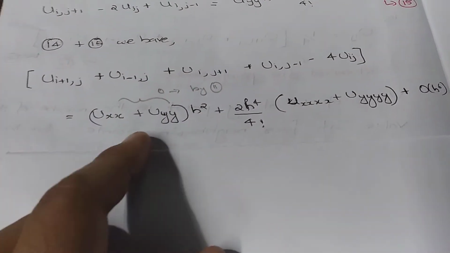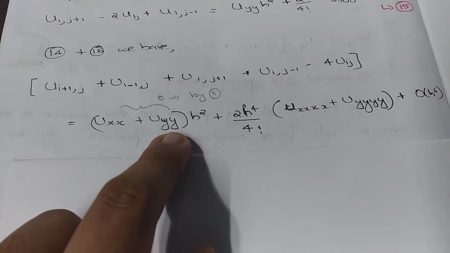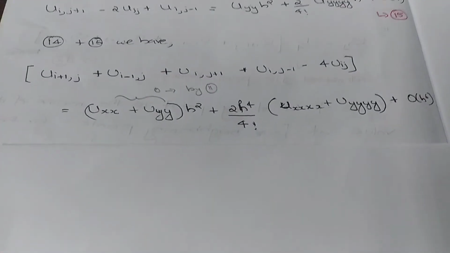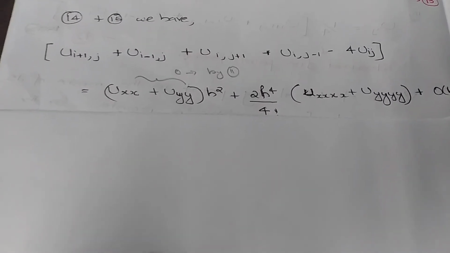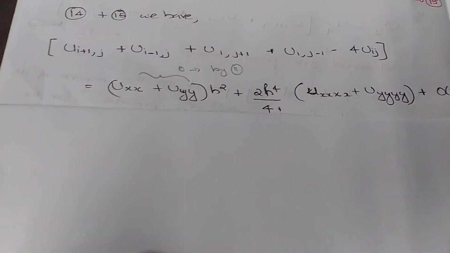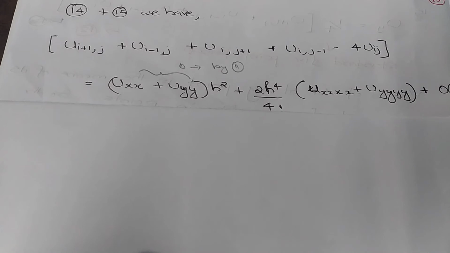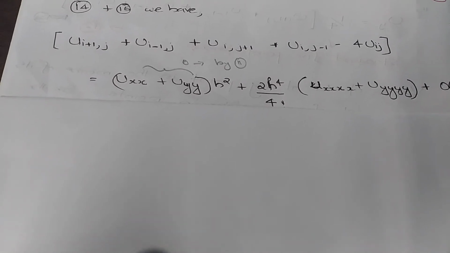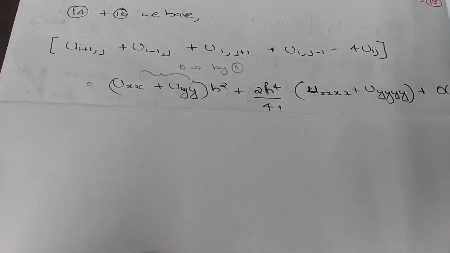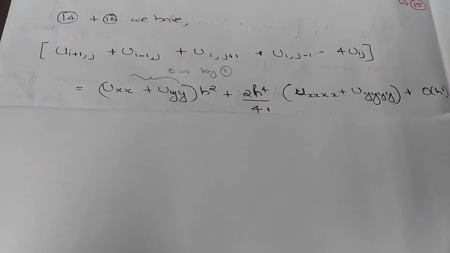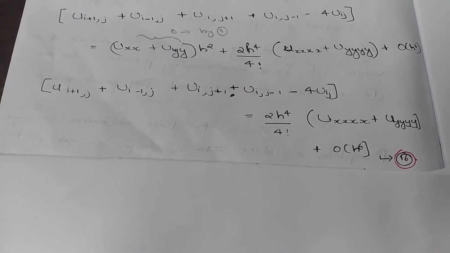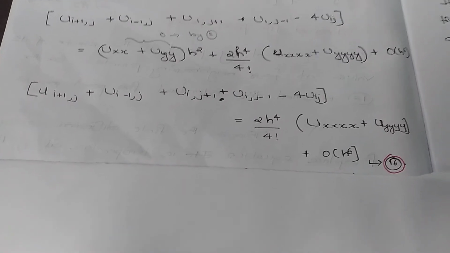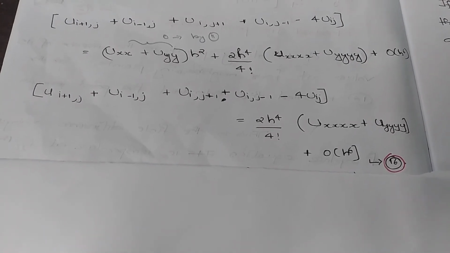We know that u_xx plus u_yy is equal to 0 by equation number 11, because we are considering the Laplace equation, del square u is equal to 0. So the equation can be modified as given below.